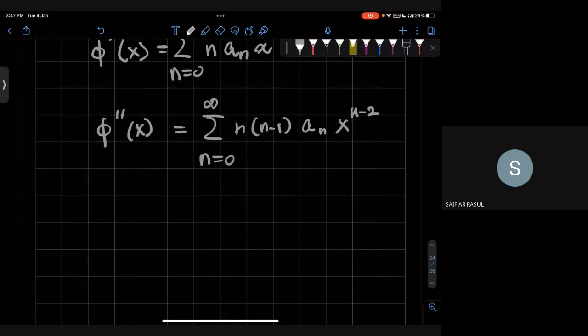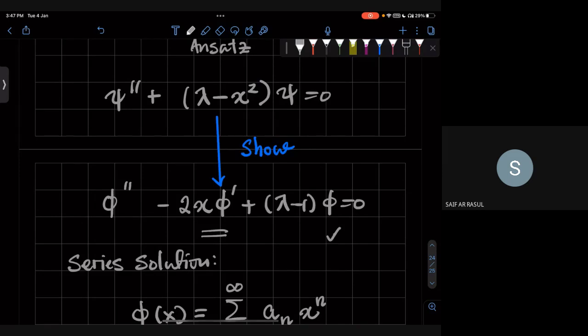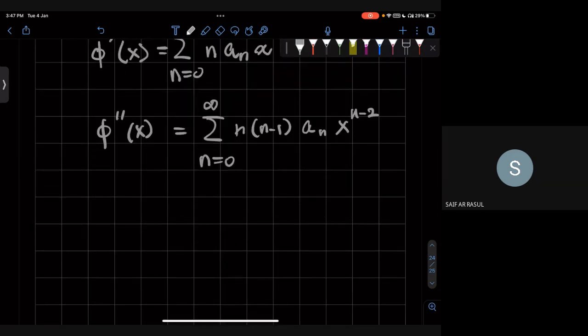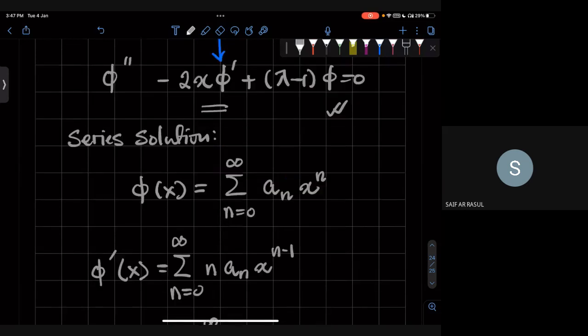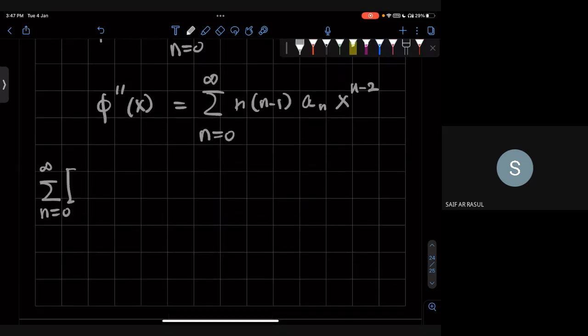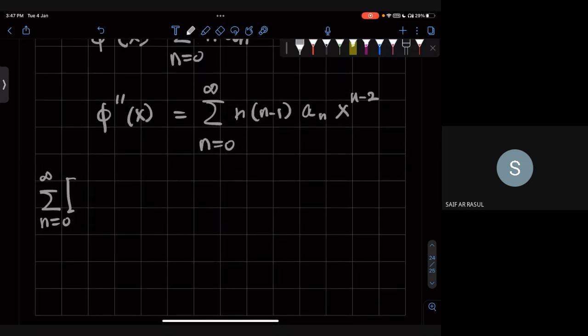Now we can put all of this into our differential equation, and we factor out the sum from 0 to infinity. What was the first term? The first term is the double prime, so we have n times (n minus 1) a_n x to the power n minus 2.